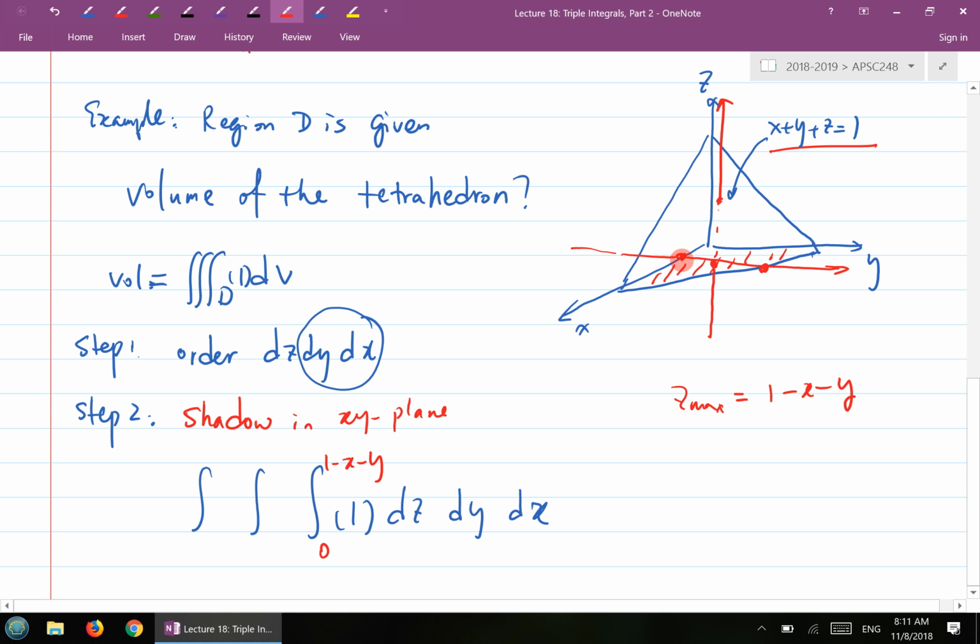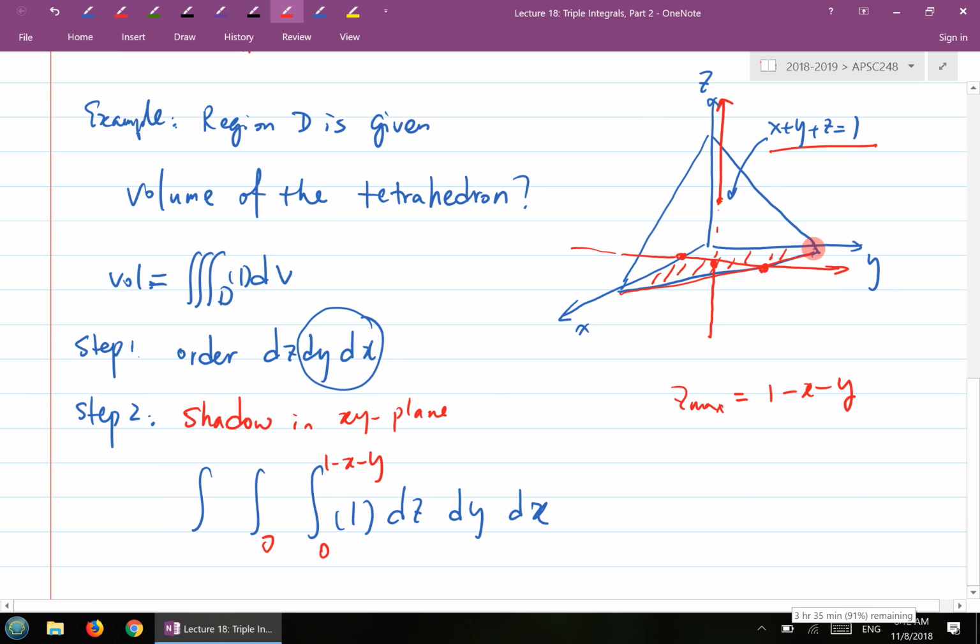First contact falls on the x-axis, so your y-min must be 0. Second contact falls onto this edge here. So this one needs a little bit of thinking, in terms of what this edge is, right? The question didn't directly give you an expression for this edge. So we have to derive something based on the given information.